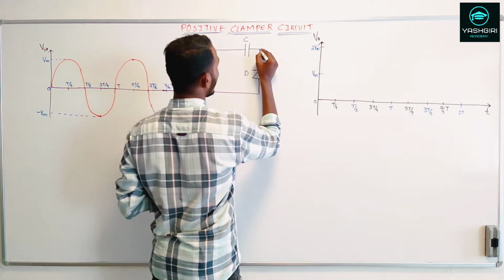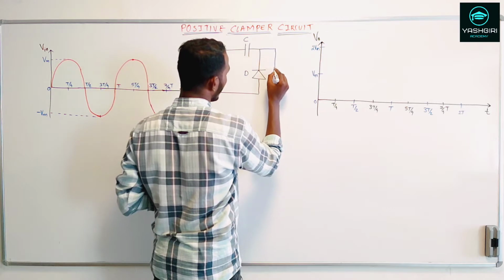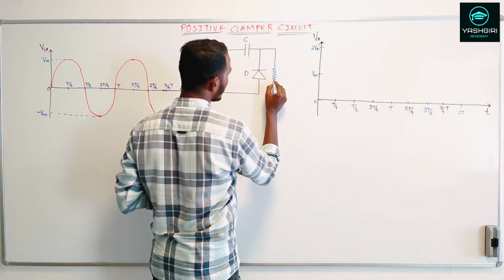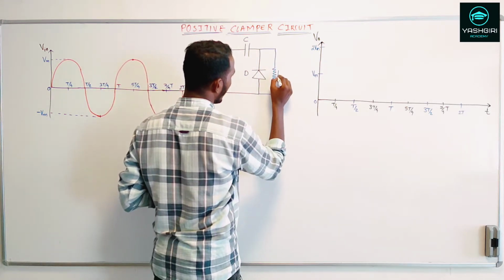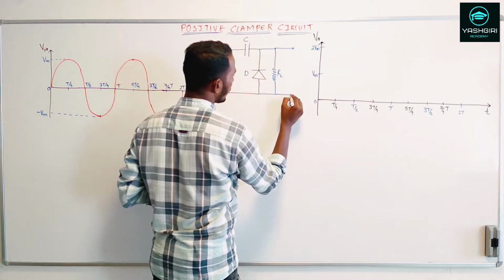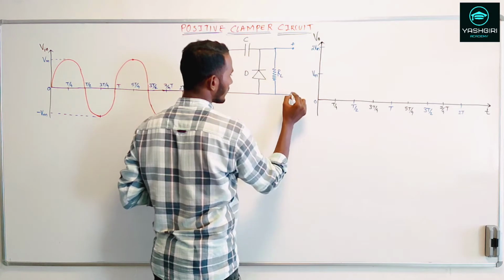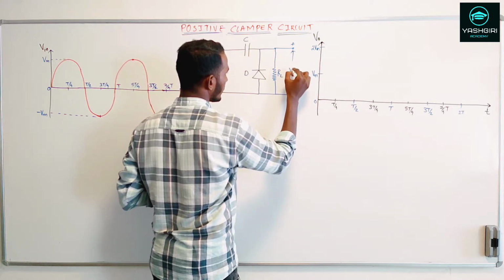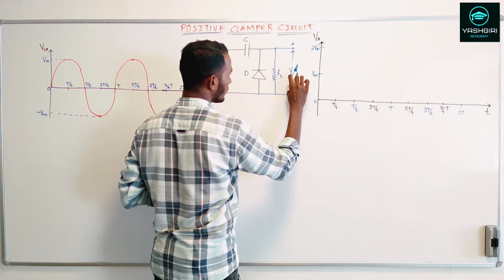So let me connect the load RL across this diode D. Let RL be the load resistance, and this is where we are going to measure the V out, plus, minus.